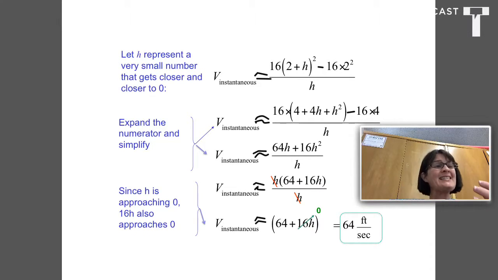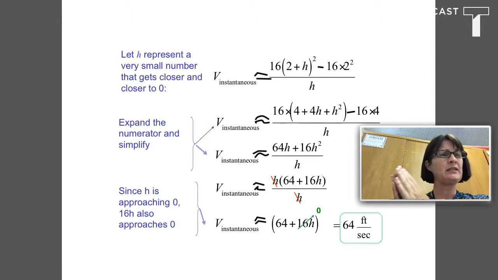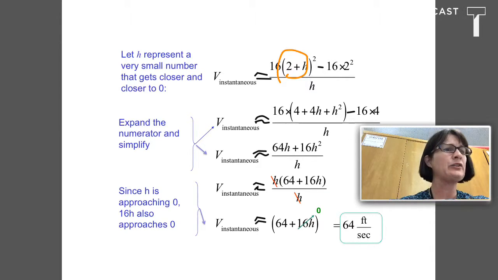So what I have here is that same work from today. If I have two time values, time t equals 2 and time t equals 2 plus a teeny tiny bit more, I'm going to call that teeny tiny bit h. And I'm going to do the algebra that we did in class. So I plugged in 2 plus h for time, and I'm going to FOIL that out, and I can use algebra to cancel the 64s.